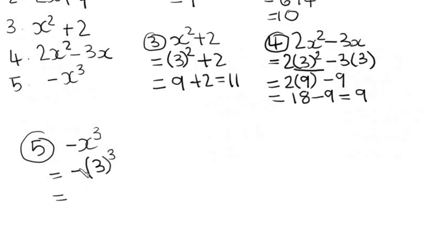Great. Just like before you can multiply what's in front of the bracket, you first need to get rid of that exponent over there. Okay, so 3 to the power of 3 gives me 27, and a negative multiplied by a positive gives me a negative. Therefore I have negative 27.